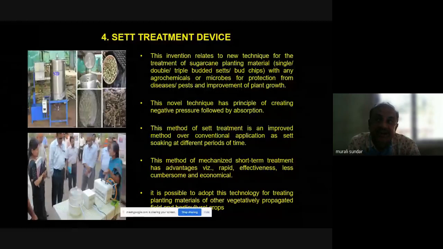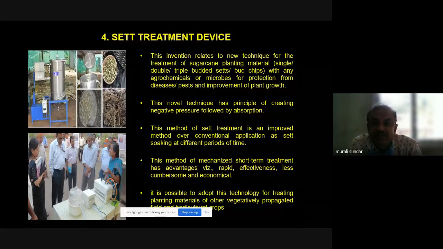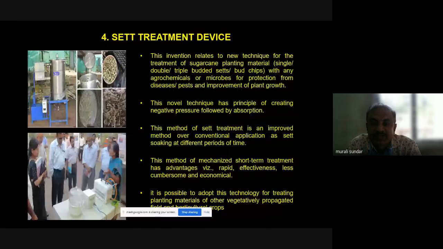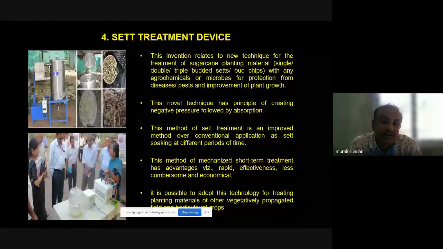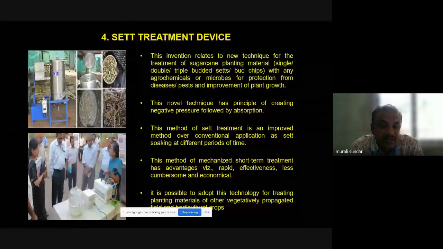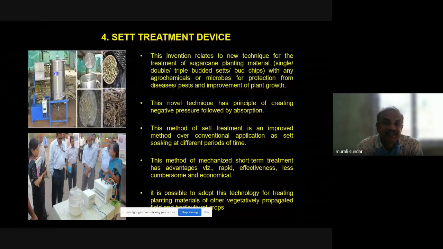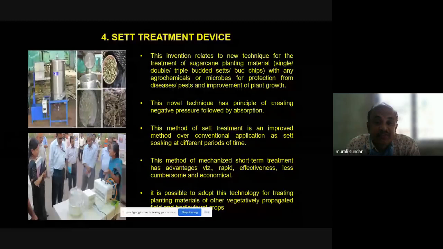Next is the set treatment device. This is a new technique for the treatment of sugarcane planting material, whether single, double, or triple budded sets or bud chips, with any agrochemical or microbes for protection from disease and pest and improvement of plant growth. Actually, different mechanisms or instruments are already available to treat sets, especially for vegetatively propagated crops.